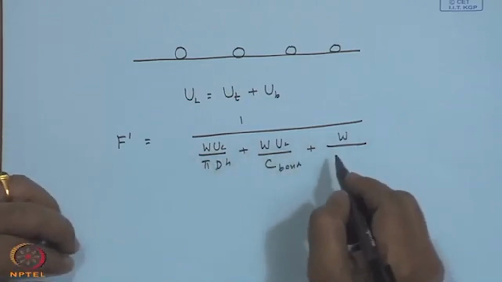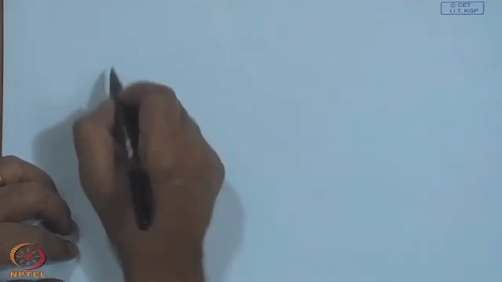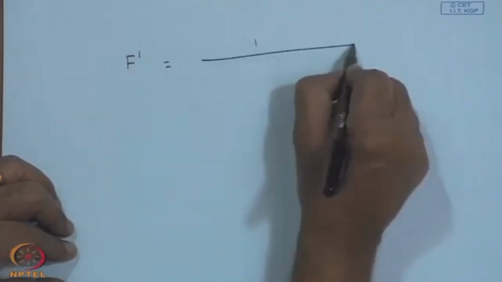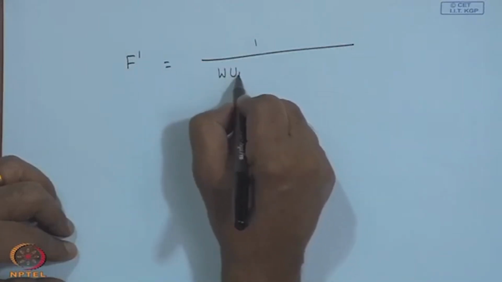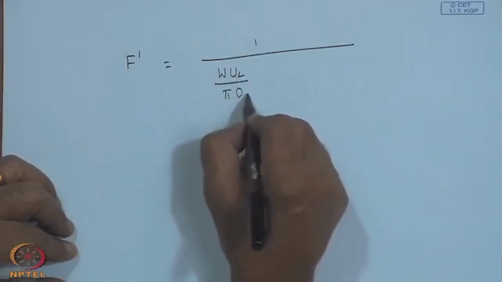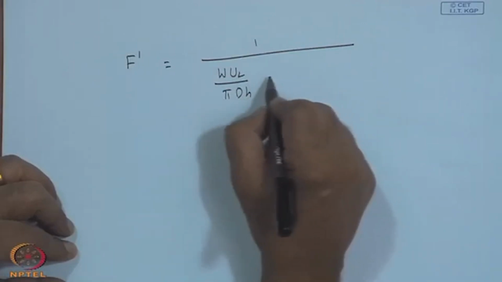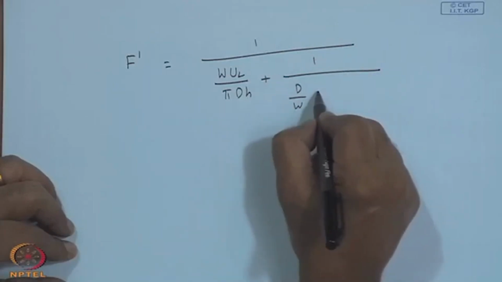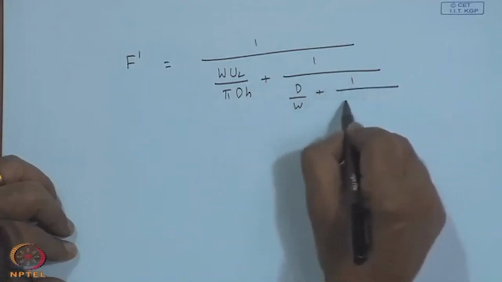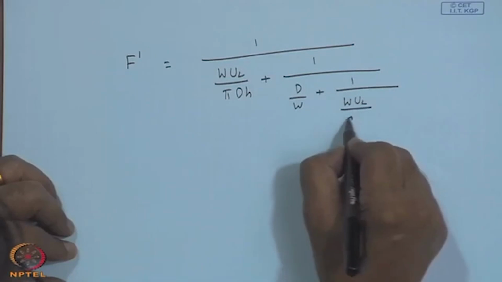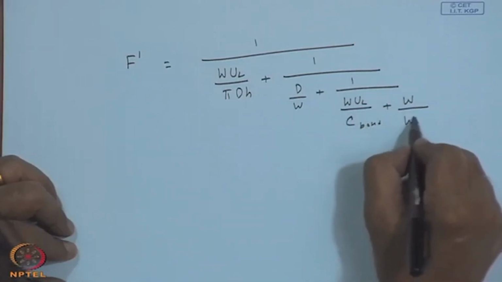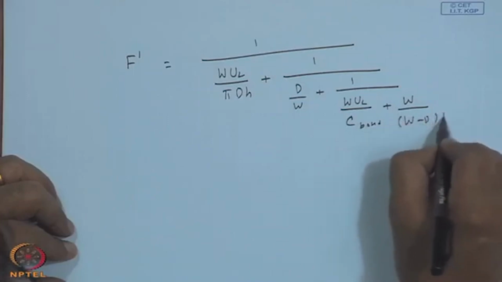This is the previous expression, and for the second arrangement, this F dash will be 1 upon W U L by pi d h plus 1 upon d by W plus 1 by W U L by C bond plus W by W minus d times F.